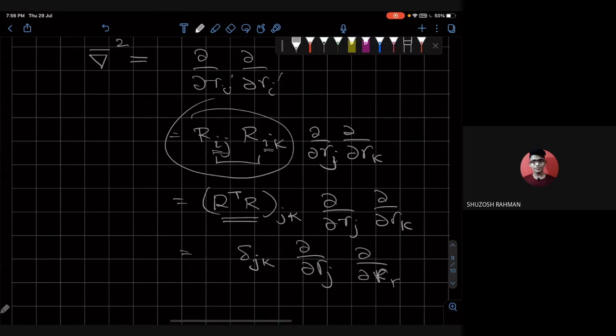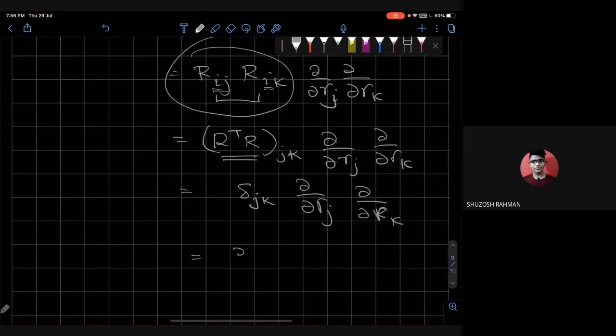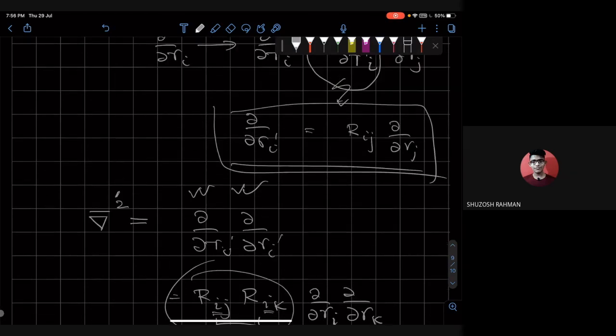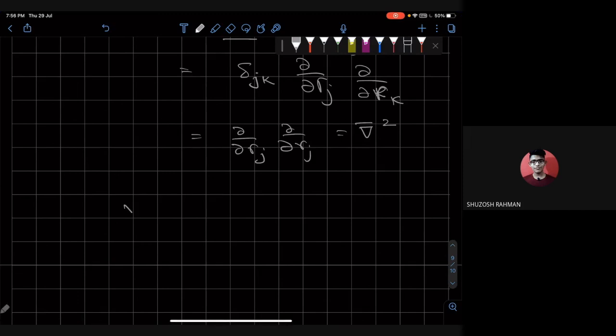So if I do one of the sums, I get del by del r_j, del by del r_j, which is the Laplacian in the old coordinate system. So under rotation, the Laplacian operator remains unchanged, right?